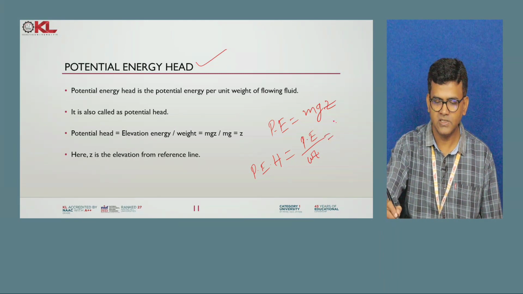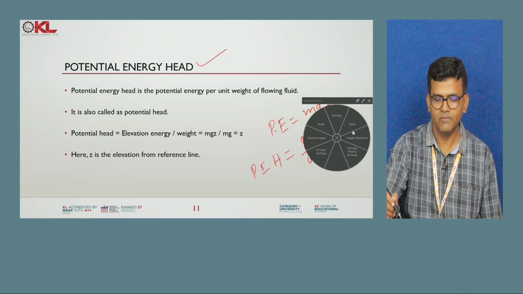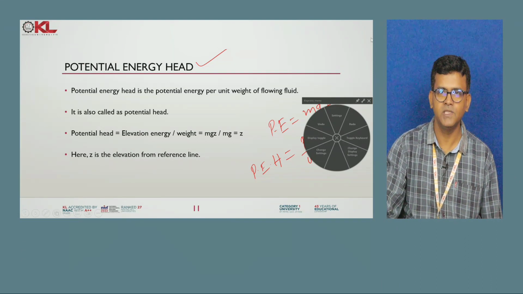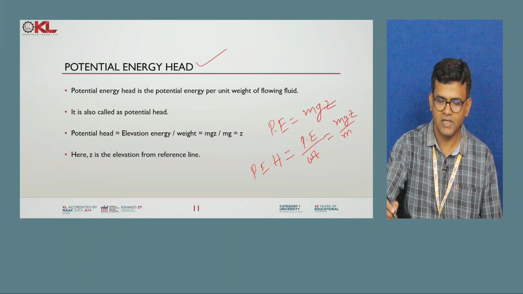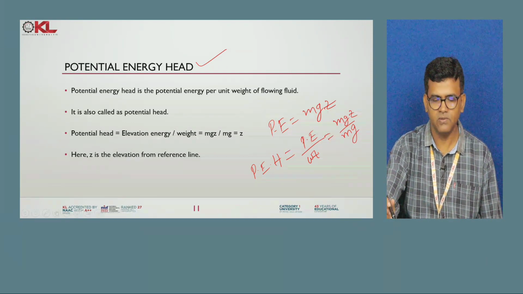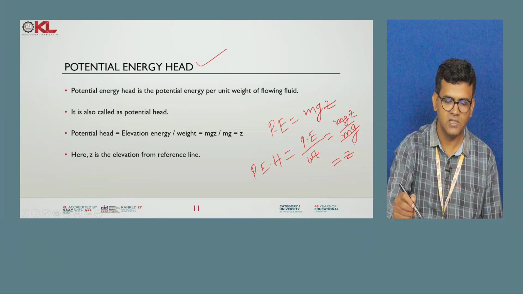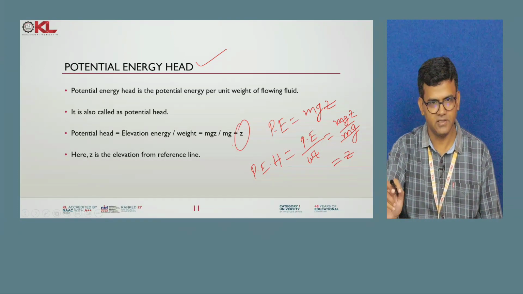So potential energy is mgz. What is the weight of the fluid? Weight of the fluid is mg, m into g. So mg will cancel, and only z will remain. So this z is the potential head.